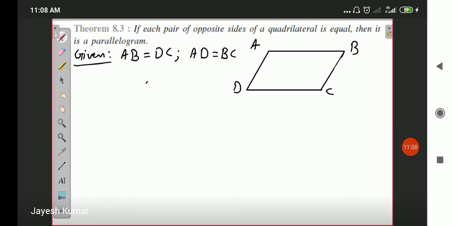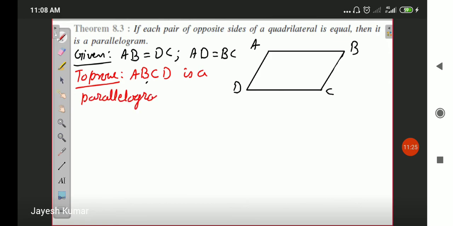We need to prove that ABCD is a parallelogram. How will we prove that ABCD is a parallelogram? That is quite simple.